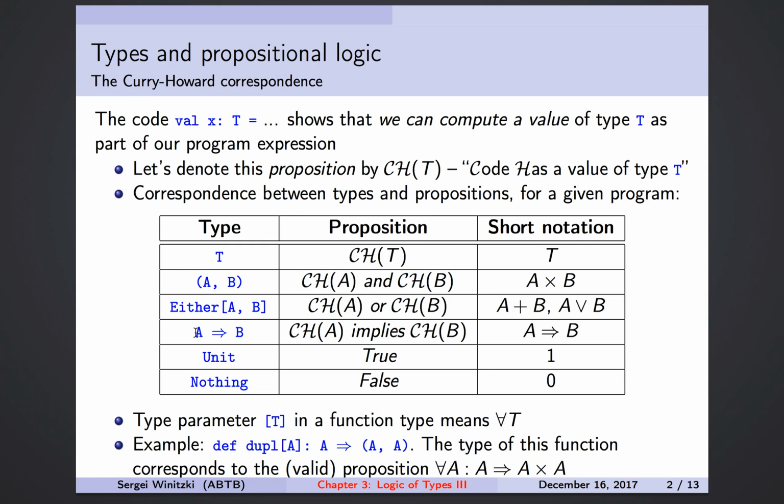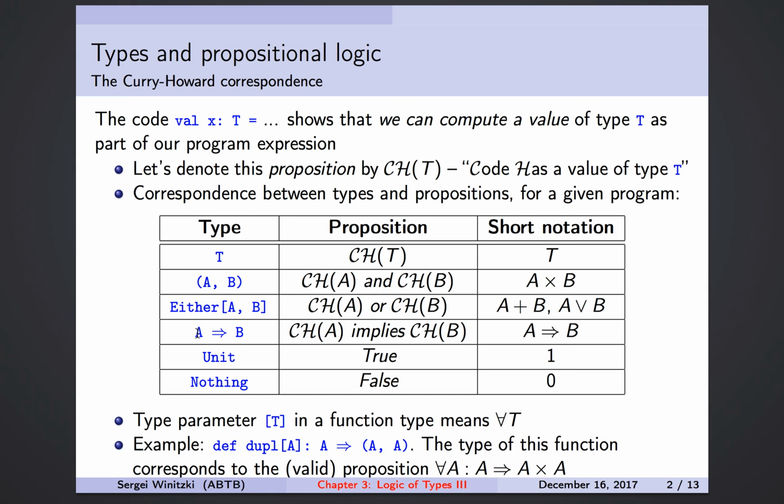What is the significance of a function type? Suppose you have in your program val x colon a to b equals something. It means you were able to define a function or compute a value of function type, which is the same thing.